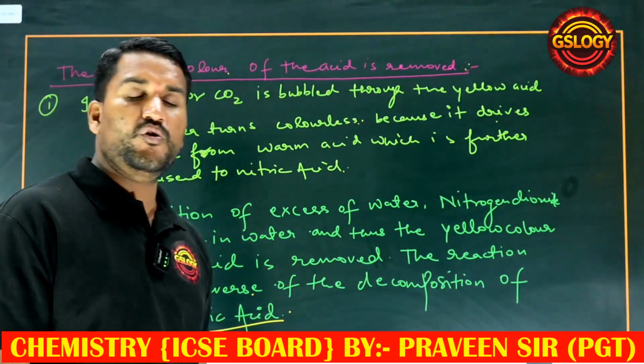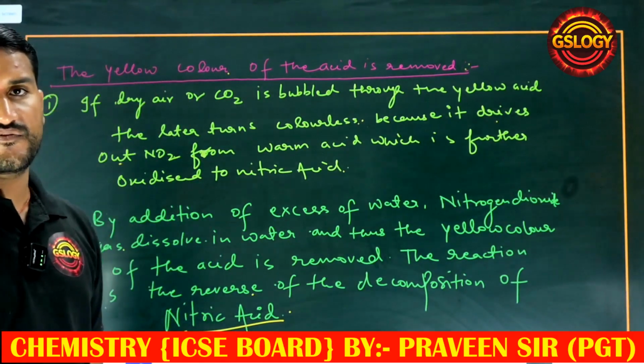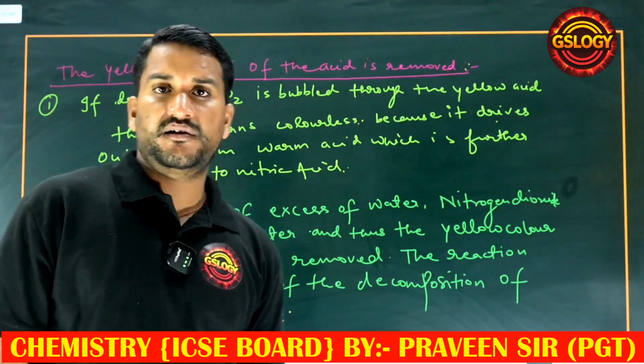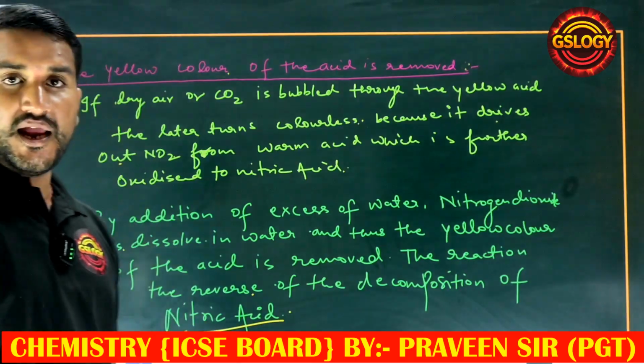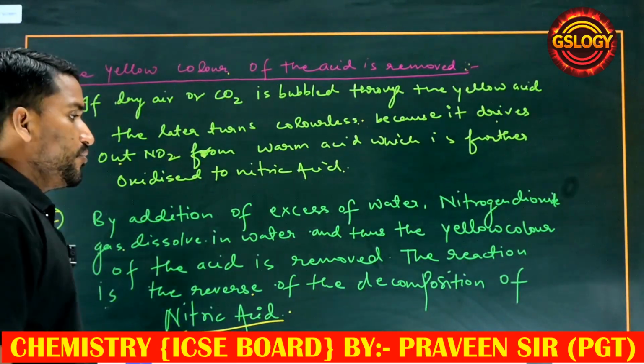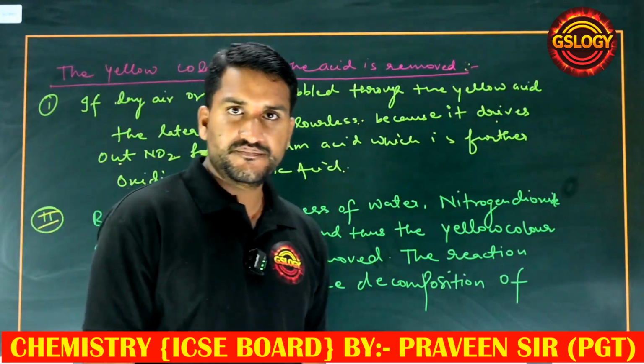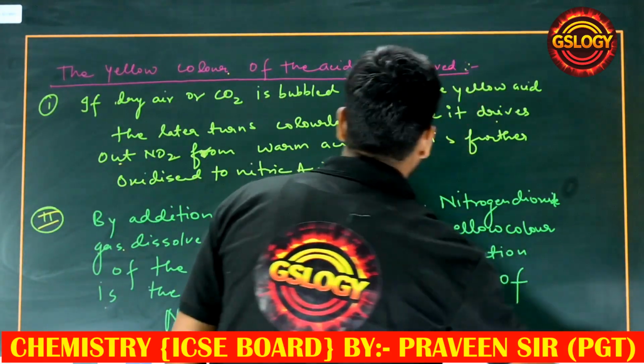Means you can remove the yellowish color of nitric acid by dissolving the NO2 in water. Got it, everyone? Yes. Get on to the next point.